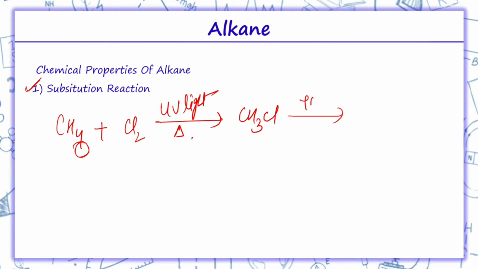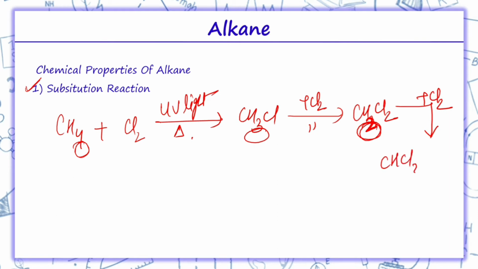Again on chlorination, conditions are the same, this H is replaced by Cl, so we will get CH2Cl2. Similarly, again we perform chlorination, H is replaced by Cl, so we will get CHCl3, which is chloroform.